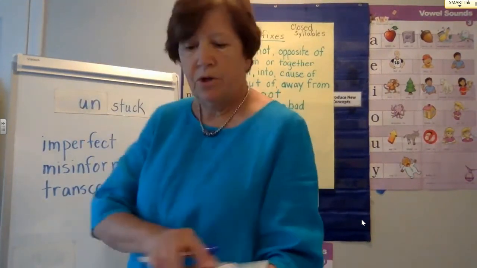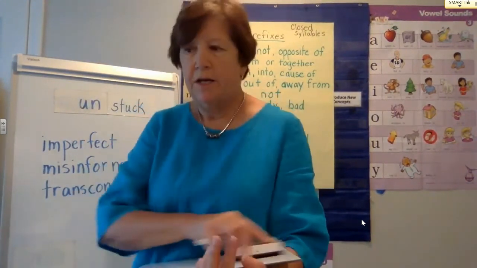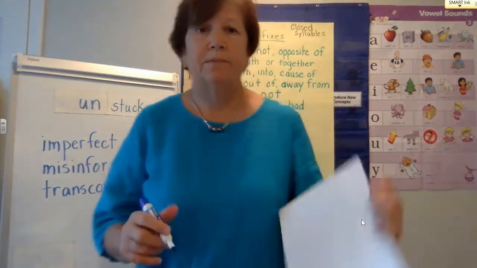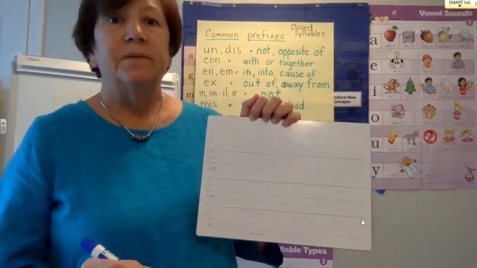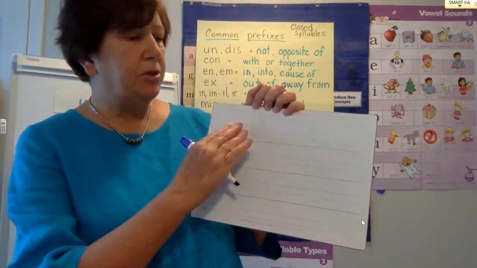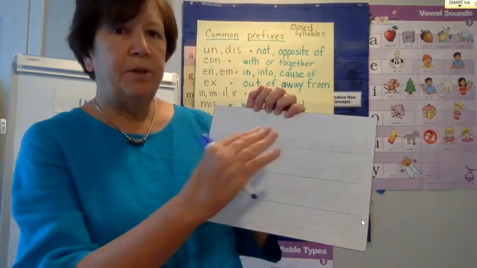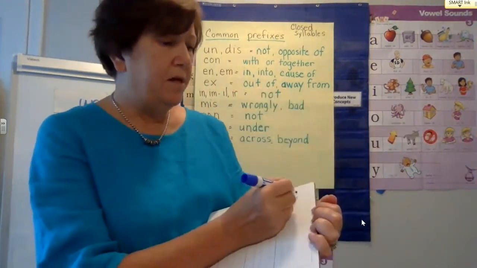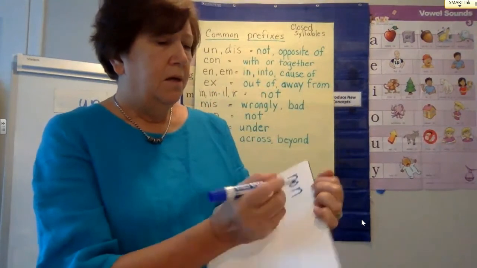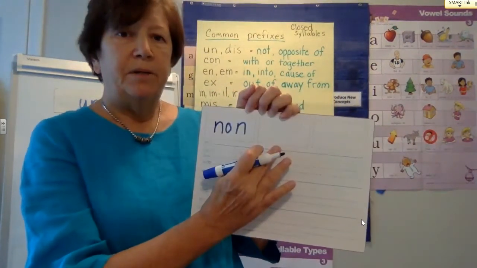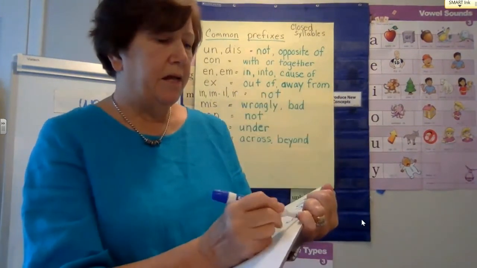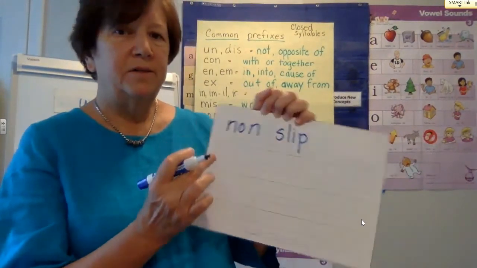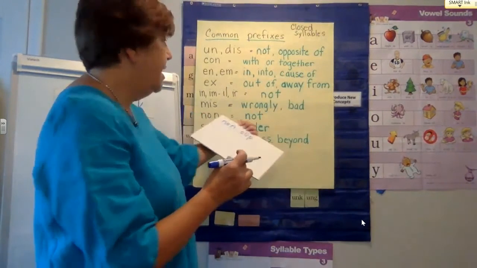All right, let's try another one. The next word I want you to try is non-slip. Repeat. Good, non-slip. Let's touch the boxes. Non, N-O-N, good. Slip, S-L-I-P. And our prefix is non, which means not.